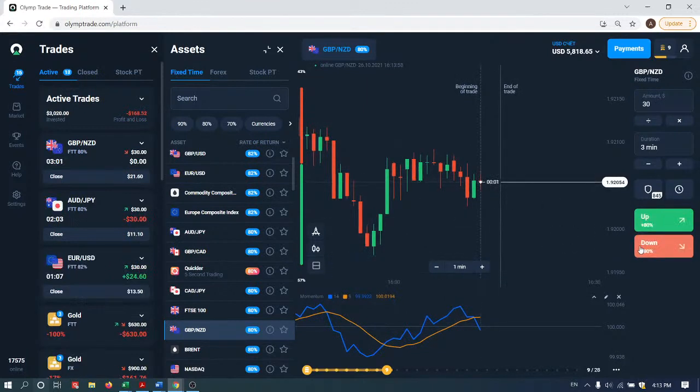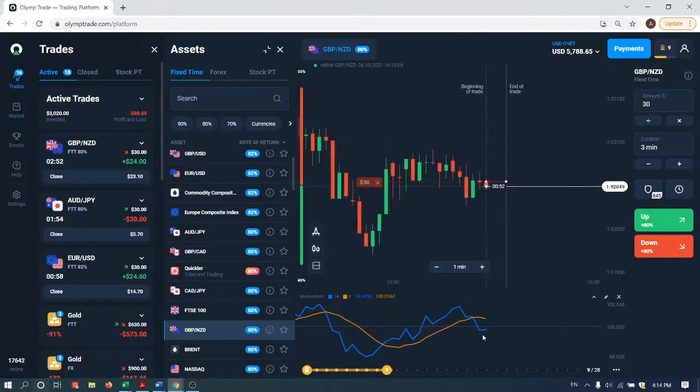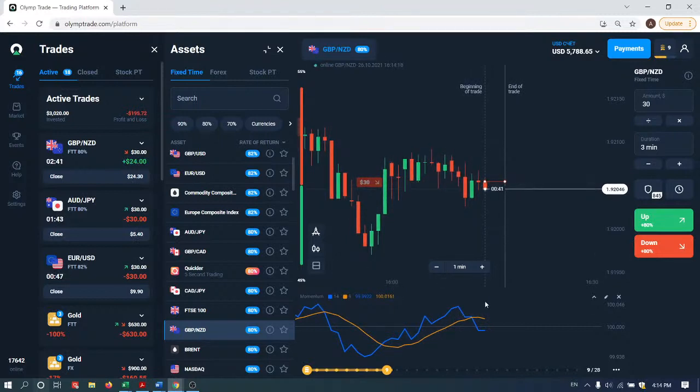GBP NZD. So the blue line crosses the orange line from top to bottom, so downwards. Once again, just look for the direction of crossing. So if it happens downwards, then open a trade downwards. So the momentum indicator is a trending indicator, and it basically shows the trend.